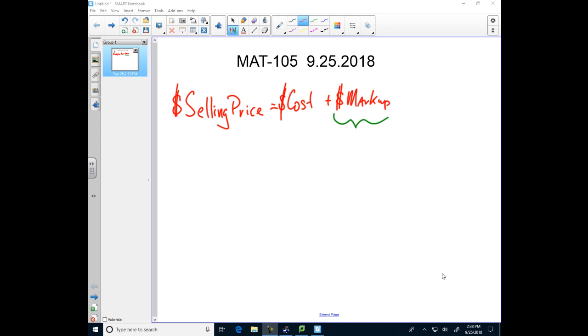Now, also in this chapter 8, there's a section here on pricing perishable items and break-even analysis. The perishable items aren't that tricky.